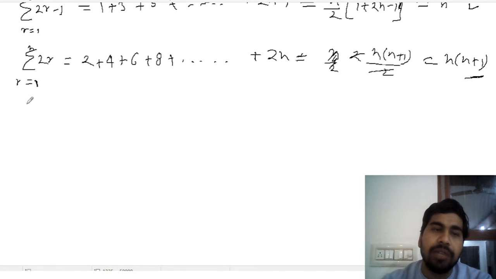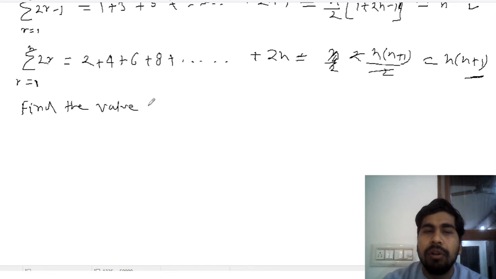Okay, we will write some questions. We start with some questions. First, you have to remember these formulas of an AP. I will write a question.